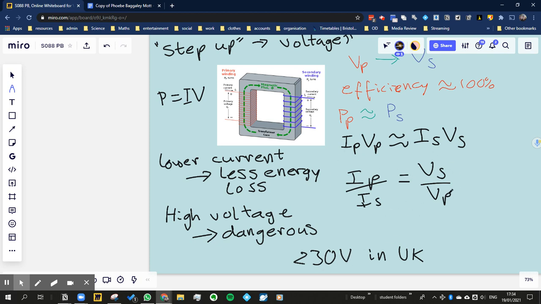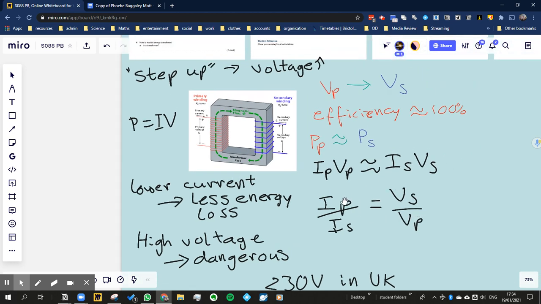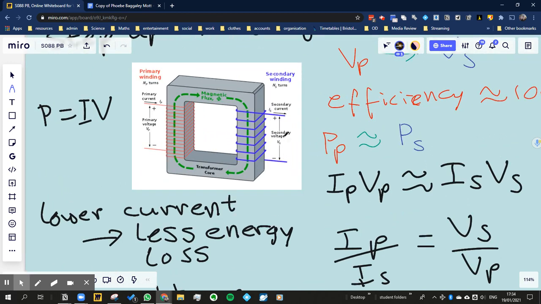So that's the explanation of why you would step up, why you would step down, and relating it to this equation here. The next one is how you would step up or step down. I won't completely explain how, but I will tell you how to calculate it.